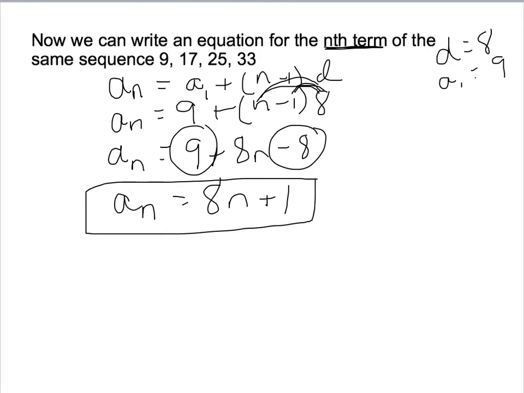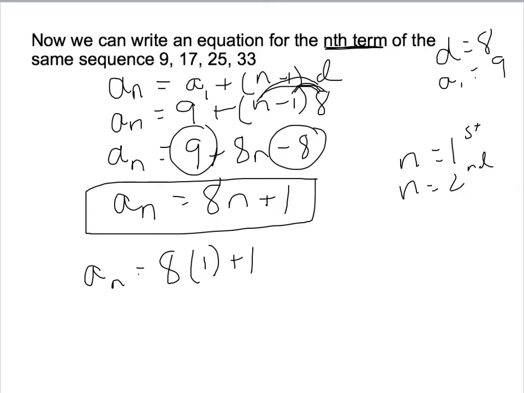I can check myself. I'll put in n being the first term, and then I'll try n being the second term. Checking the first term, a sub n equals 8 times 1 for the first term, plus 1. That gives me 9, and the first term is 9. So a sub 1 equals 9.